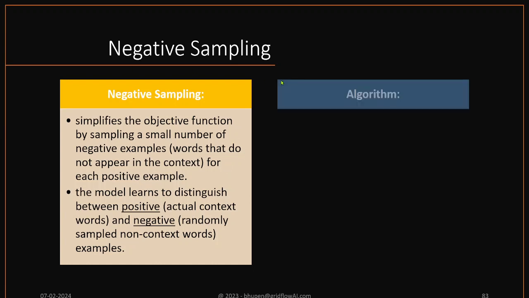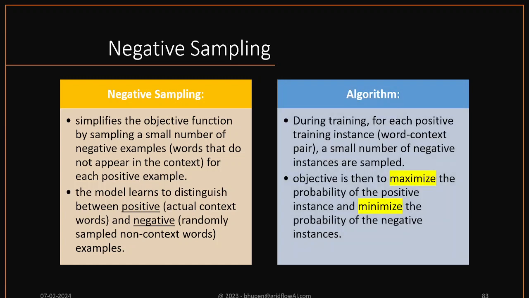So let's first understand what a negative sample is and how we choose negative samples. During the training process, for each positive training instance, meaning the context word and target word combination is called a positive training sample, we will also have a small number of negative instances.